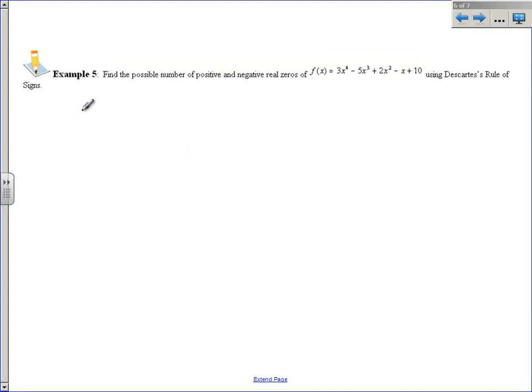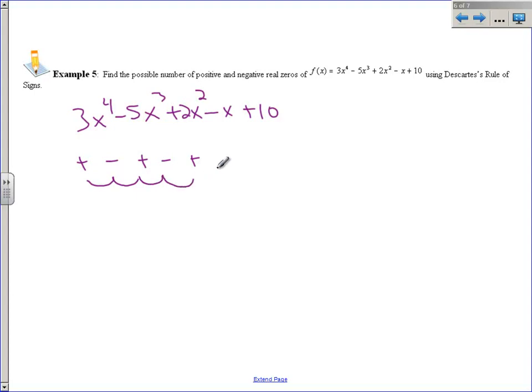Here I'm just going to list these terms as 3 a little bit bigger. 3x to the 4th minus 5x cubed plus 2x squared minus x plus 10. So first of all, let's see how many sign changes we have. We go positive, negative, positive, negative, positive. So here's 1 sign change, 2 sign changes, 3 sign changes, 4 sign changes.